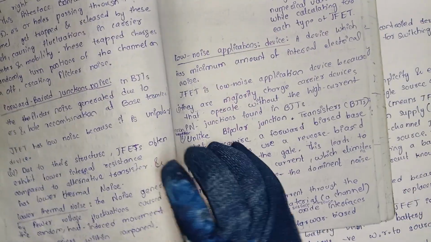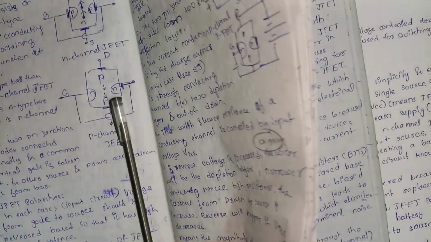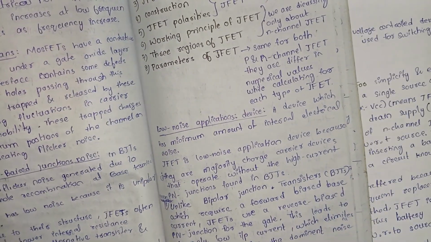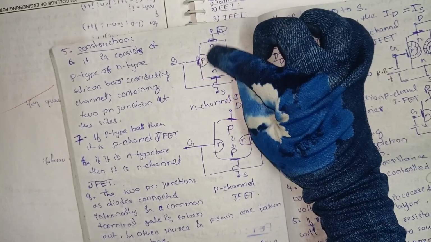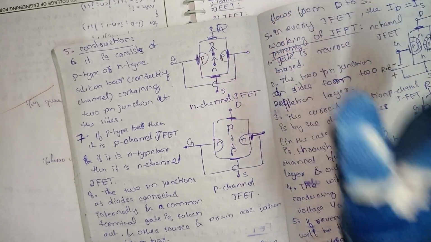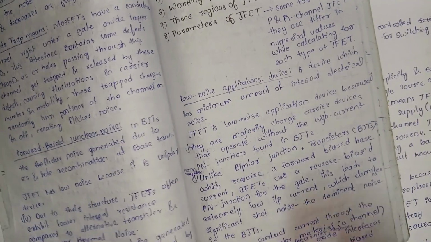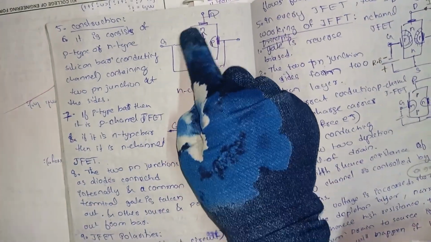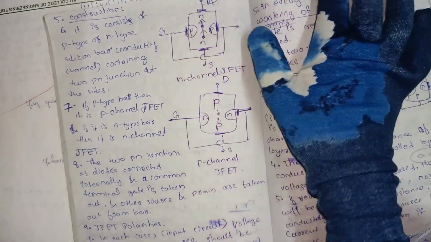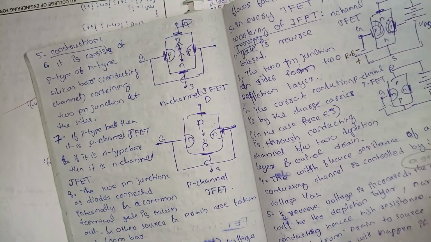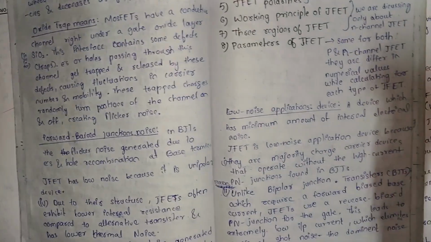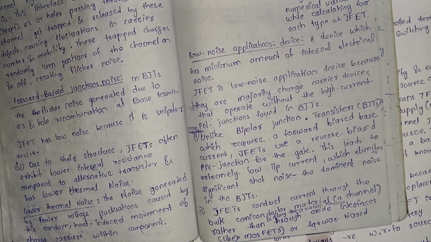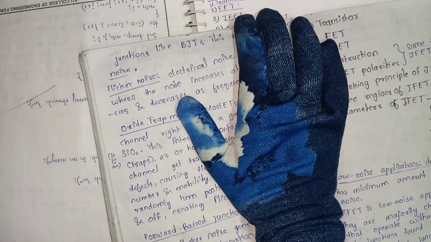So in JFETs, the current conduction is through the bulk of the semiconductor, not on the interfaces. It does not have any oxide, so not on oxide interfaces like MOSFET, or forward bias junctions like BJTs. This reduces the flicker noise.